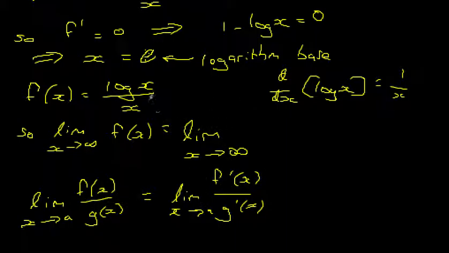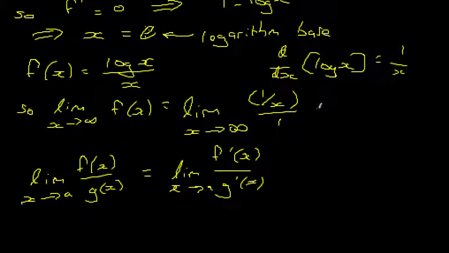So this is the limit of the derivative of log, which is 1 over x, divided by the derivative of x, which is 1. And as x approaches infinity, this is clearly 0, okay? Agreeing with our logic that x increases much faster than log x does. So we know that for large values of x, f of x is going to be 0.